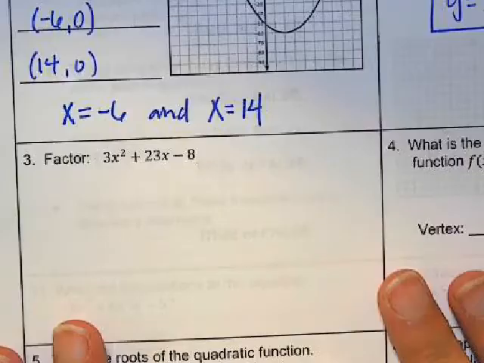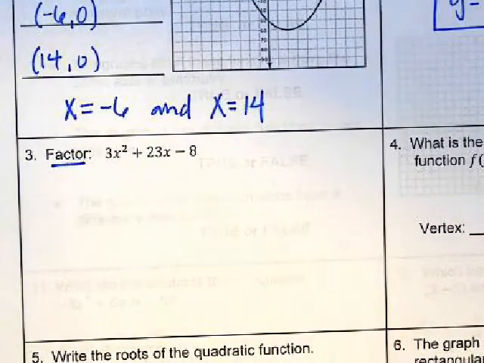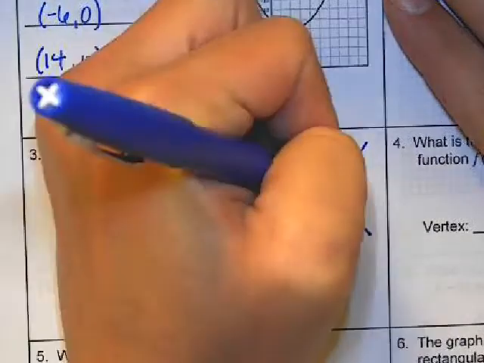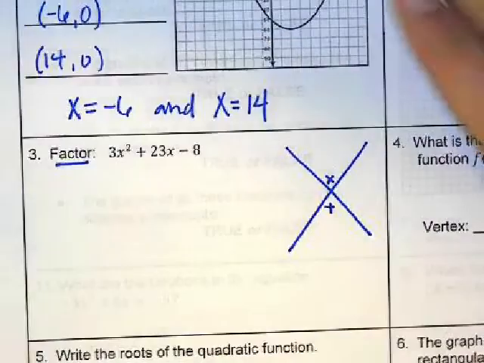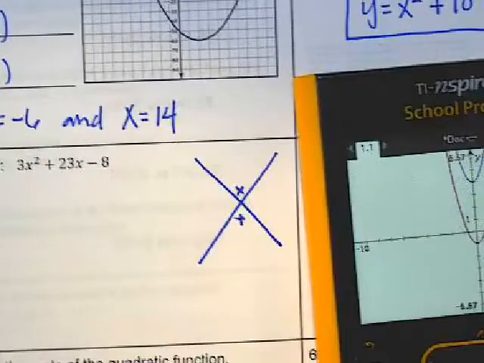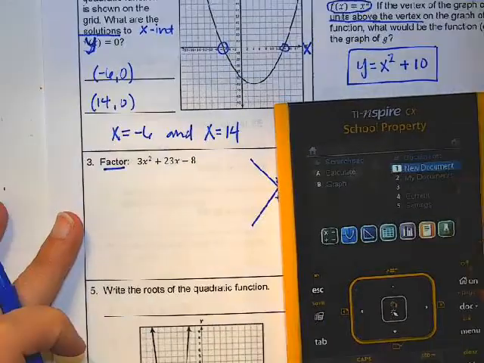Okay, number 3, factor. Okay, when you see the word factor, you think x factor. So I'm going to draw my x. Multiply and add. I'm going to get my calculator ready. I'm going to do first times last.